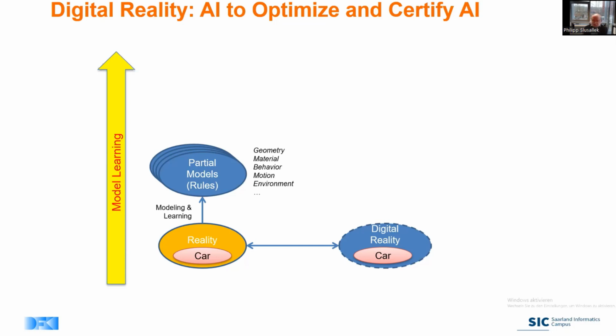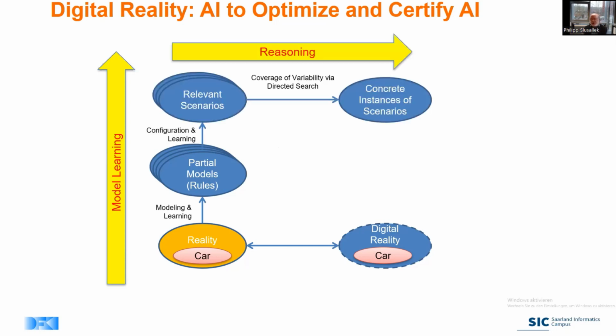And then in the second step, we are putting together these partial models of objects in reality and model certain relevant environments, in particular for critical situations, such as a kid running in front of a car, right? So you need a kid, you need cars, you need streets, you need whatever is around that, and so on. However, there are obviously many thousands, if not millions, of different configurations that are possible, right?